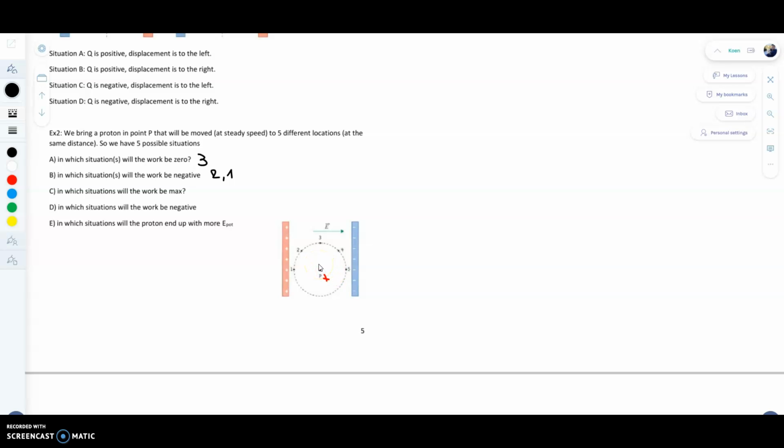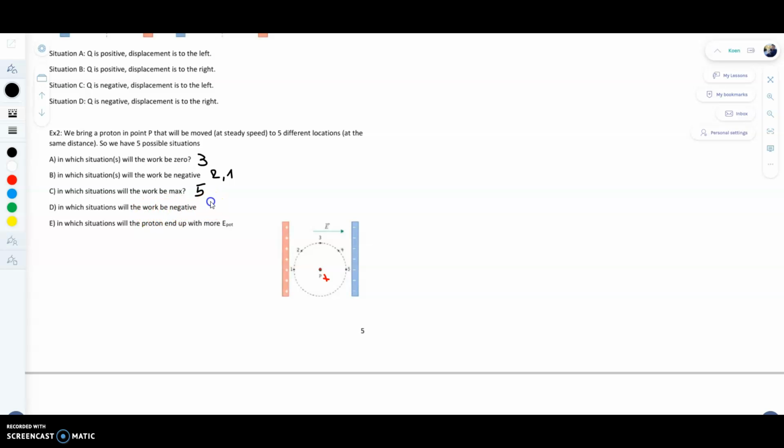When will the Coulomb force have the most positive work performed? Well, that is if you move it to situation 5. It is as close as it can get to the negative plate compared to the 4 other positions, so that's where it will go.